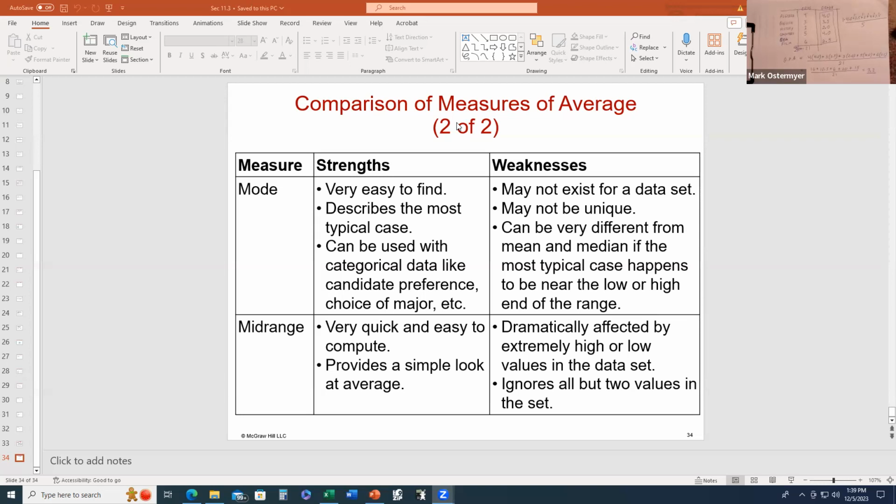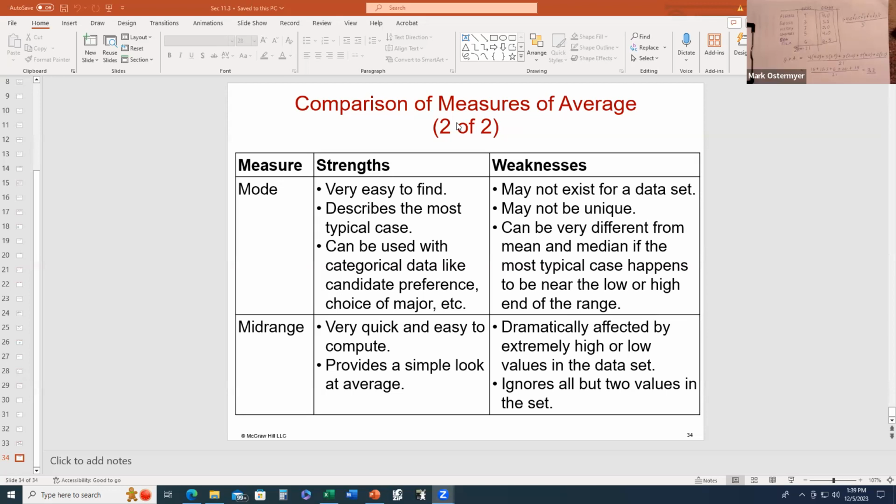It would be red, correct? That occurs most frequently. So the mean and median fall flat on their face when it comes to a non-numeric data set, but the mode is still alive. It can also be used for non-numeric data.